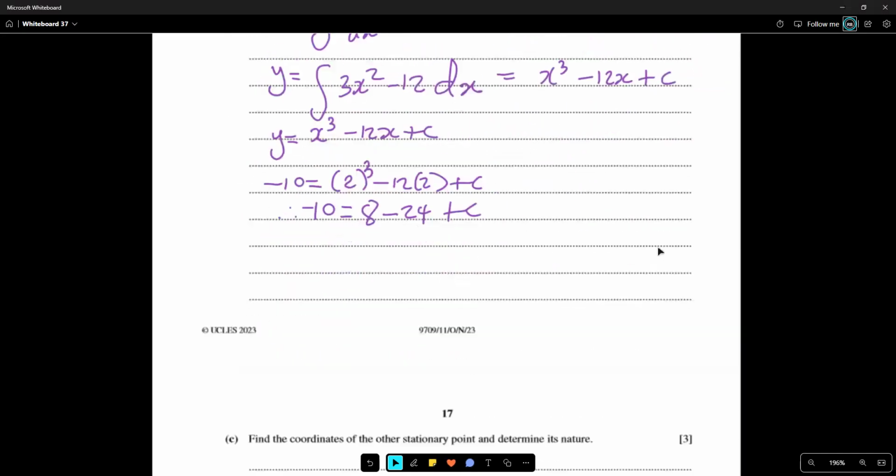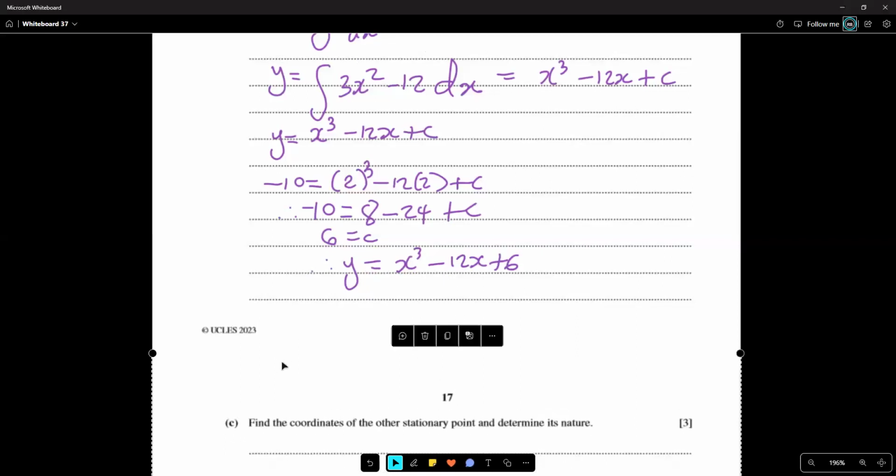And then let's see what that gives us. This gives us negative 16. So that side is going to be 16 minus 10, which is 6. So c is 6. Therefore, y equals x cubed minus 12x plus 6, because your c is 6. Right. And then let's go to the next question.